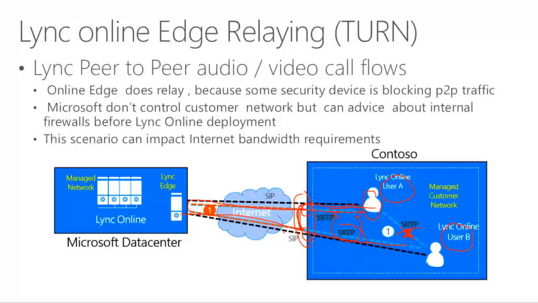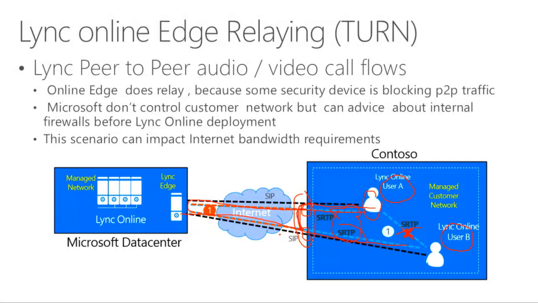So imagine this from one user. Since you are not controlling the network from the customer, imagine that happened for 1,000 users. What is going to happen with your internet connection? All the media traffic is going to the edge servers, and then going back again to your network. So this is not optimal for us. And this is very important, because when you are in charge of the on-prem and your internal network, the customer network, you can fix it.